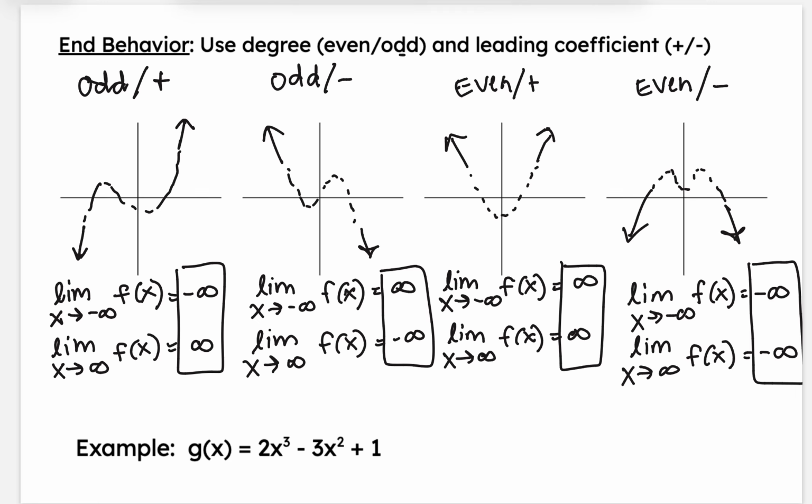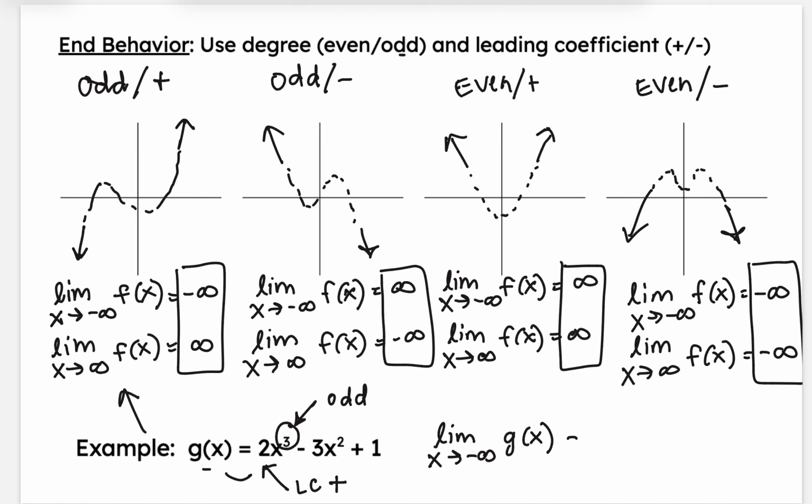So for example, we have g of x equals 2x cubed minus 3x squared plus 1. The degree of this function is 3, so it is odd. And the leading coefficient in this case is 2, so the leading coefficient is positive. So for the end behavior of this function, we would say the limit as x approaches negative infinity of g of x.